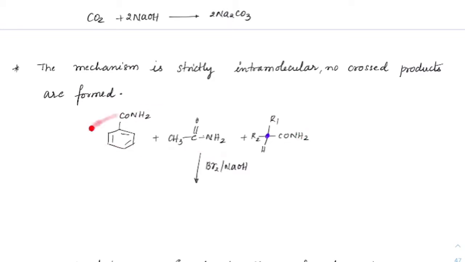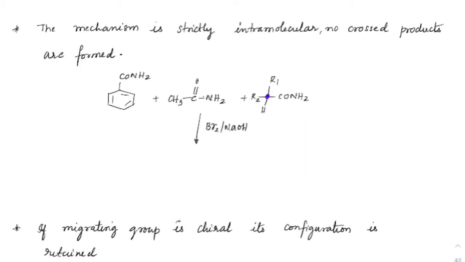Okay, these are a mixture of amides treated with bromine and NaOH. The products you will get are only NH2, CH3NH2 and NH2, which is R1, R2 and H. These are the products you would get.